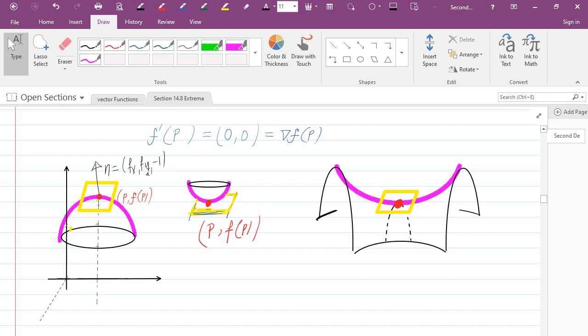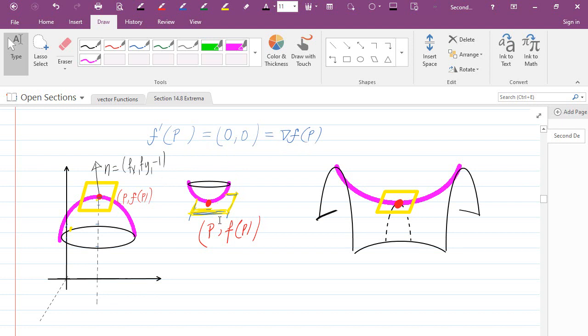Because fx and fy are both 0, you get the vector 0, 0, -1, which is a vector that is parallel to the z-axis. So that tells you that the tangent plane here would be parallel to the xy plane. So the tangent plane at P would be horizontal if the gradient at P is the vector 0, 0.